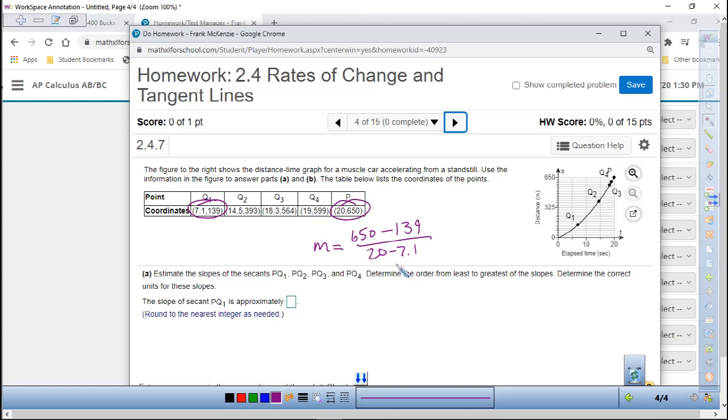So 650 minus 139 is 511, and 20 minus 7.1 will be 12.9. And that's going to give you 39.6. Round to the nearest integer as needed, so it'd be 40.